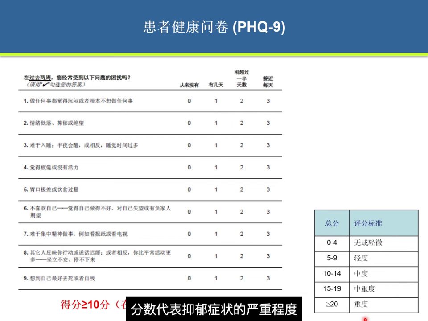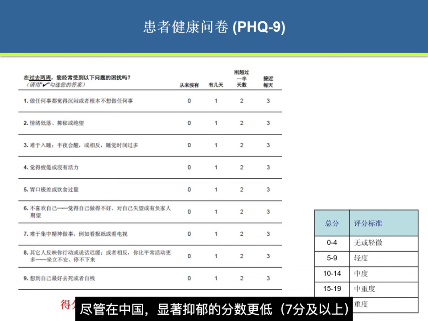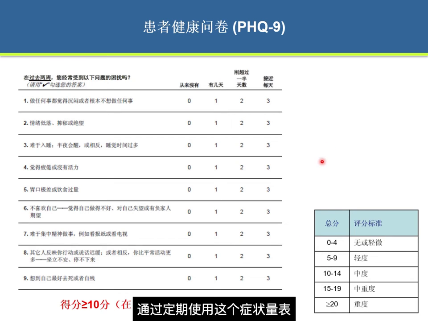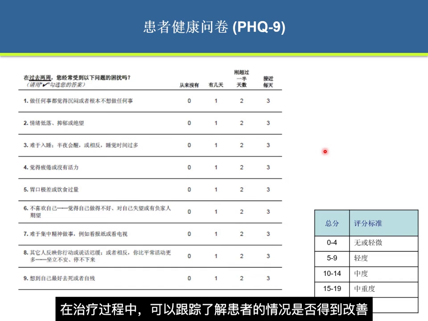And the score can indicate the severity of the depression. For this particular scale, usually scores of 10 or higher indicate clinically significant depression, although in China, even lower scores may be clinically significant. But by using this symptom scale on a regular basis during treatment, we can track to see how patients are improving or not during the course of their treatment.